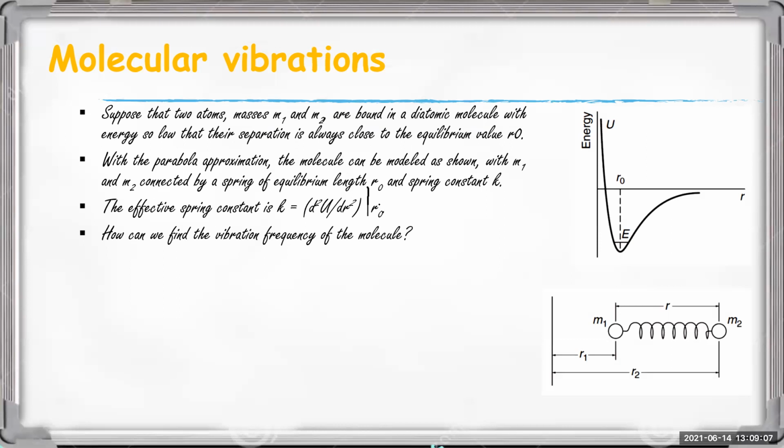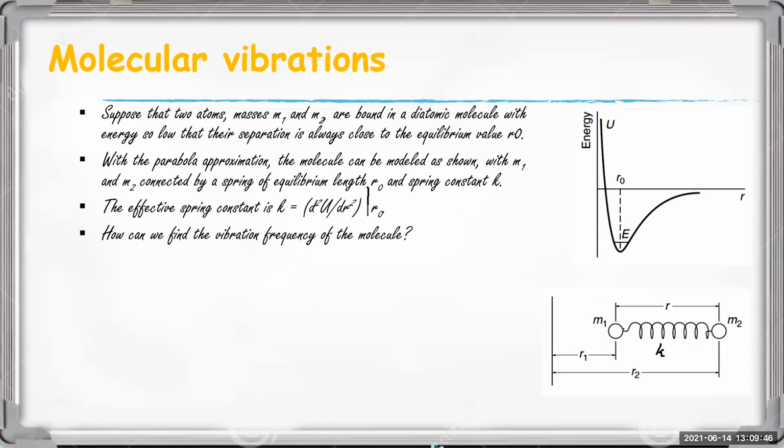Here our aim is to find the vibrational frequency of the molecule. What is the vibrational frequency? We have to find the value of omega. Just look at this figure: 2 masses, m1 and m2, connected by a spring having spring constant k.